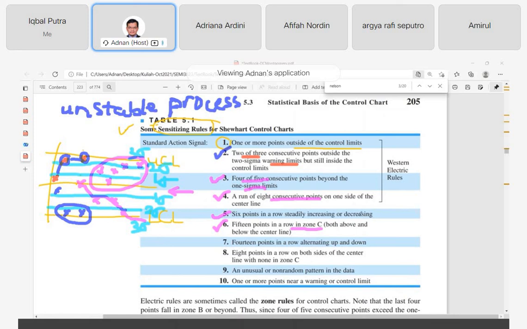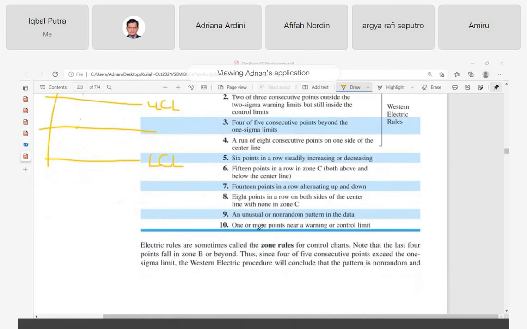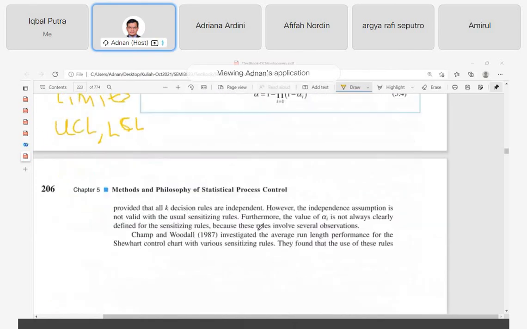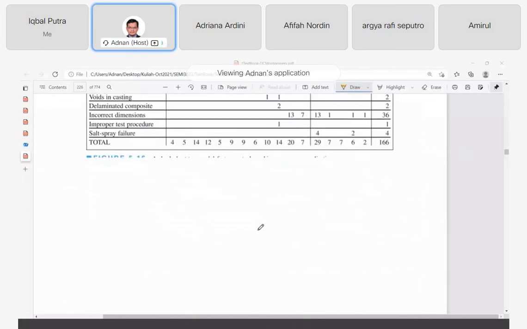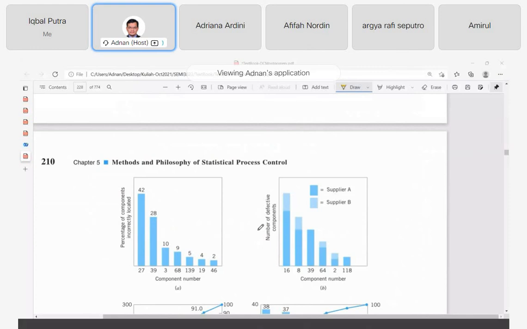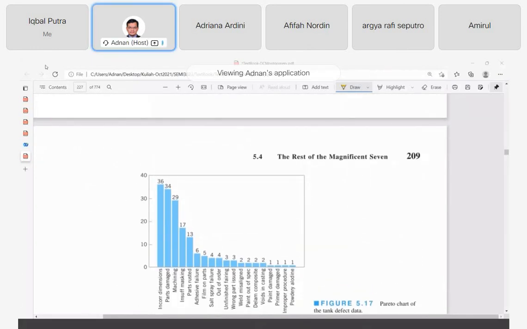Let me see the labeling of the zone. I hope I have this diagram. It's not here. I can just easily Google this. There's a lot of material on this.